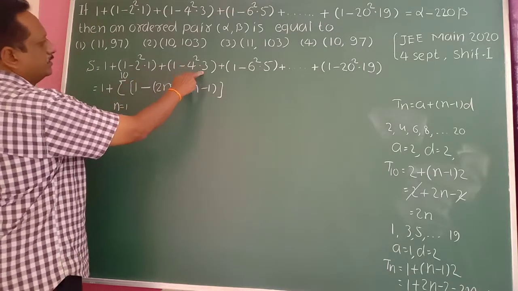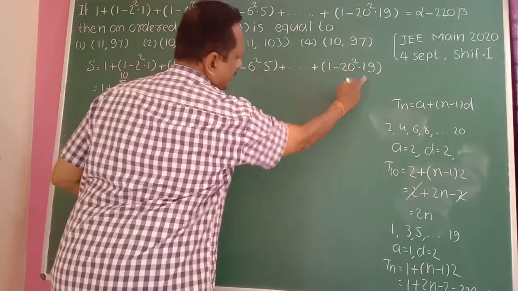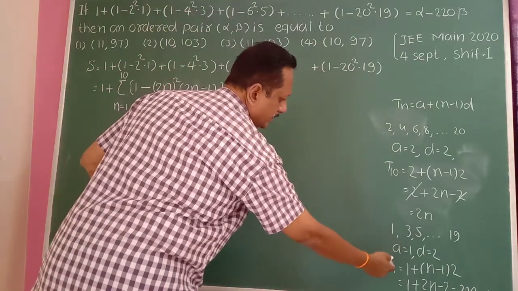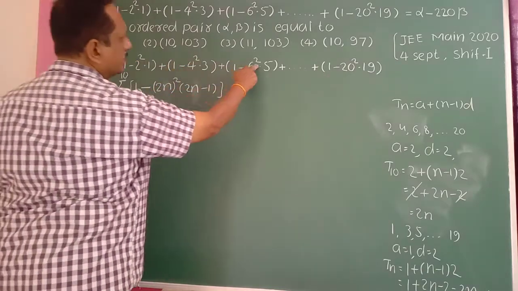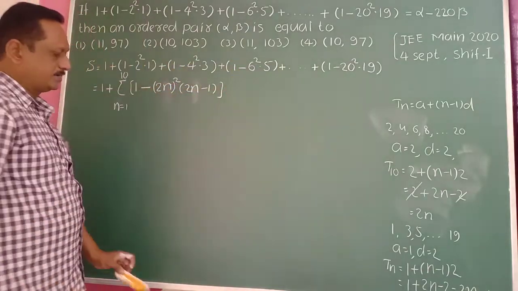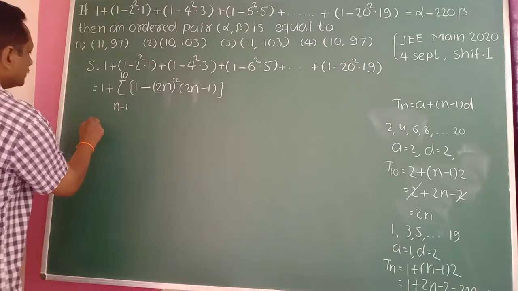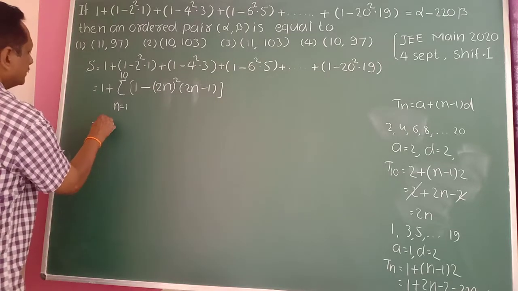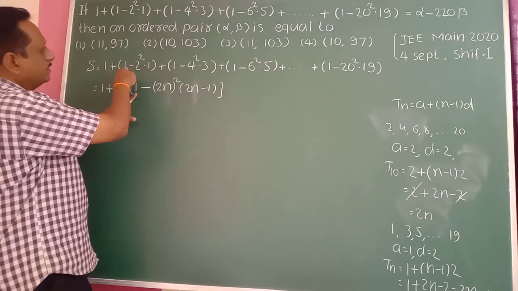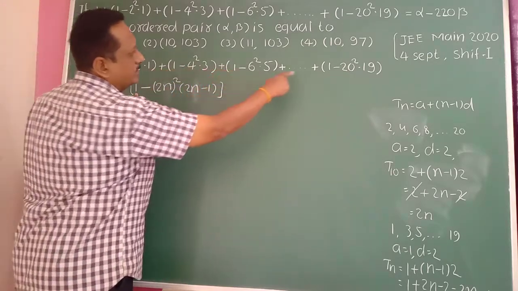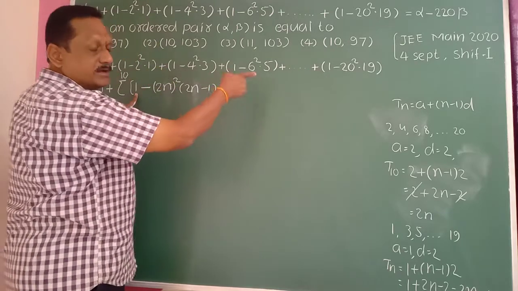So here you take n. And 1, 3, 5 up to 19 is 2n minus 1. Each term square is there, so we are taking a square. Therefore this is equal to 1 plus, and here total 10 terms are there. Here is 1, here is 1, here is 1, here also 1. Total these are 10 times 1.